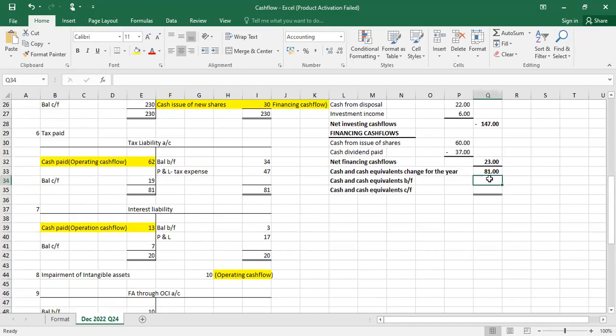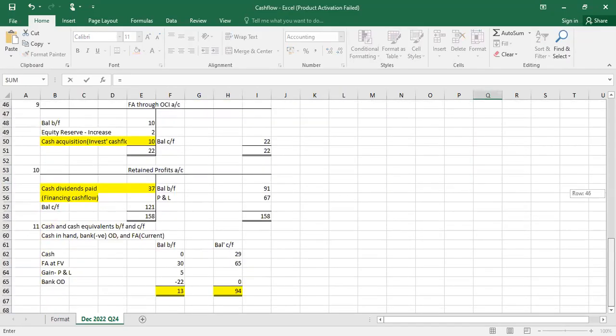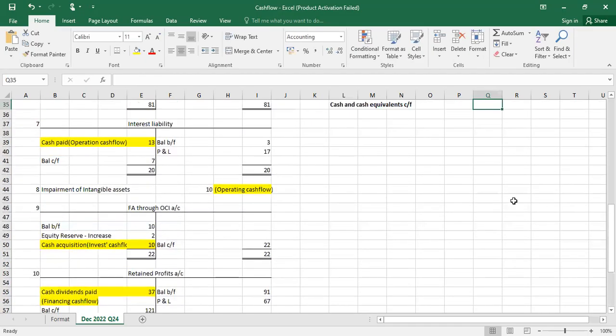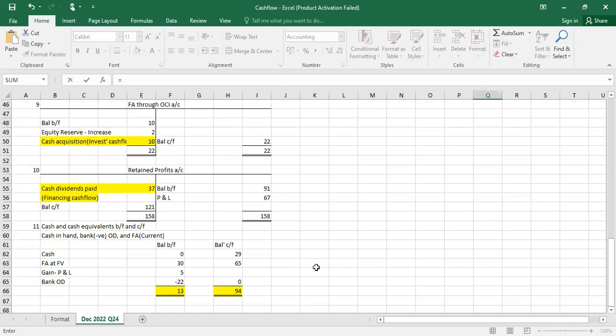The brought forward is 13, I copy from here, and the carried forward is 94.